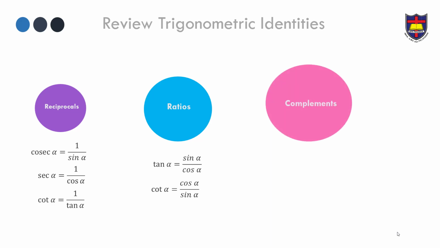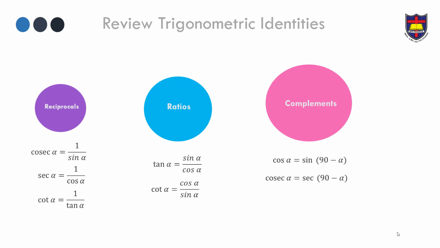The last one that we already have is the complementary identity. In complementary identity, we have cos alpha, which is sine of 90 minus alpha. If you forget this formula, whenever you need it, you can build up the right angle triangle and see the relation between opposite, adjacent, and hypotenuse side.